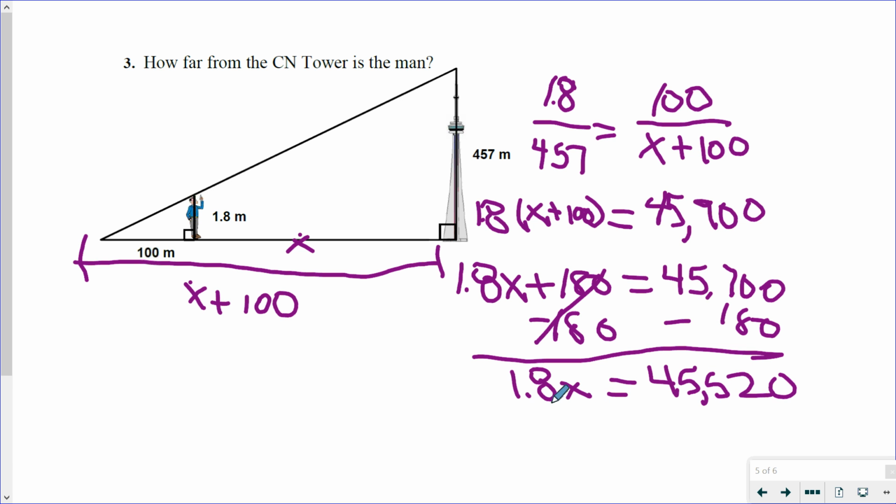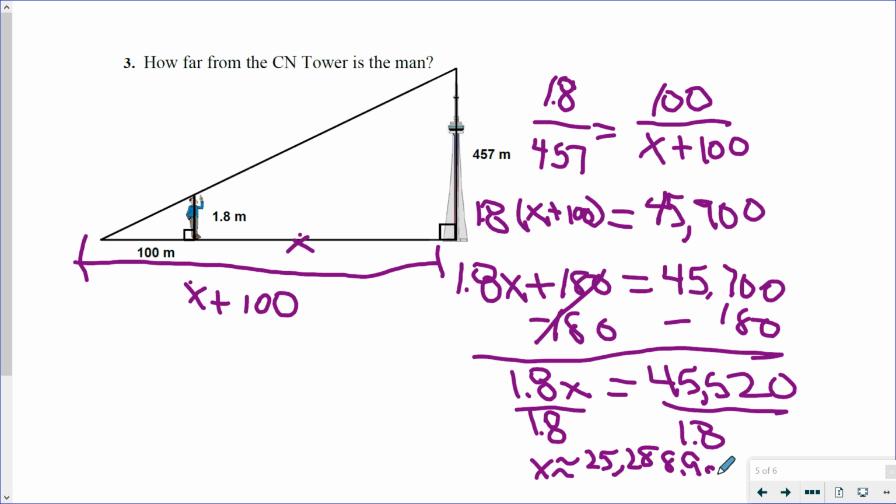And now I want to divide both sides by 1.8. So x is approximately 25,288.9 meters.